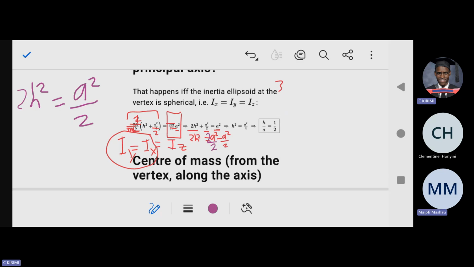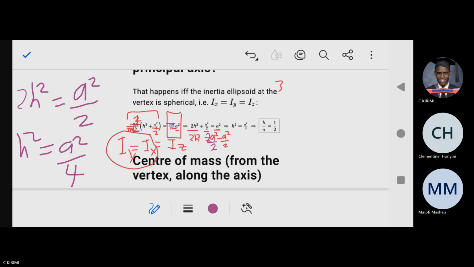If I want h squared, what am I going to do? You divide both sides by 2. I'm going to divide by 2, which means my h squared is going to be equal to A squared over 4. Can you see?